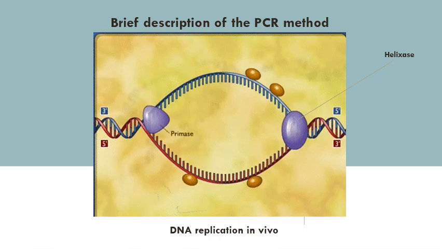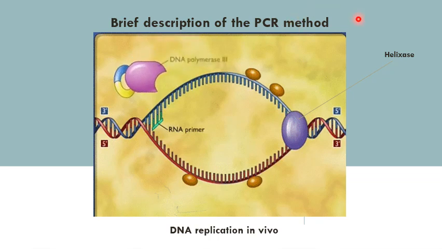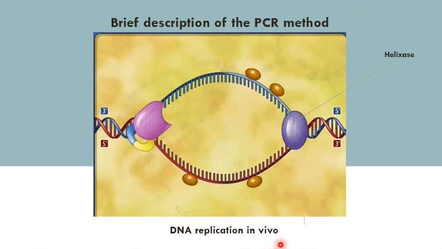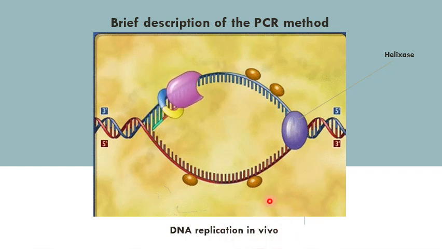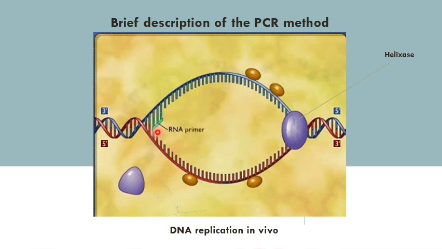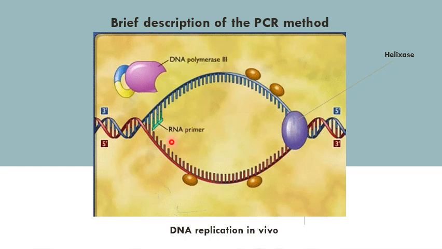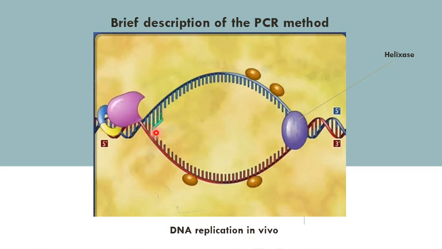This is a brief description of the PCR method that happens in vitro, while here you can see the DNA replication that happens inside our body in vivo. You know that to start the replication, you will need a primase that will synthesize the RNA primer, which is the starting point for the polymerase to come and extend.